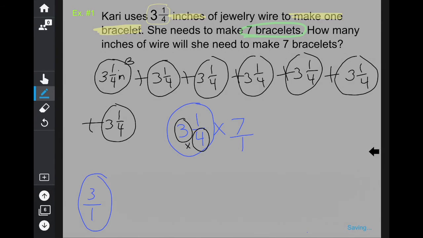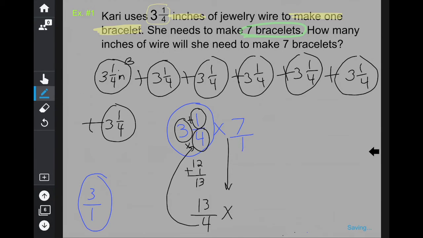So these two numbers are multiplying. 3 times 4 is 12. And then I need to take that number and add it to my numerator, which is this number. So 3 times 4 is 12, plus 1 gives me 13. So my new number is 13 over 4. Where did I get this 4? I just got it from the denominator. You just keep the same denominator.